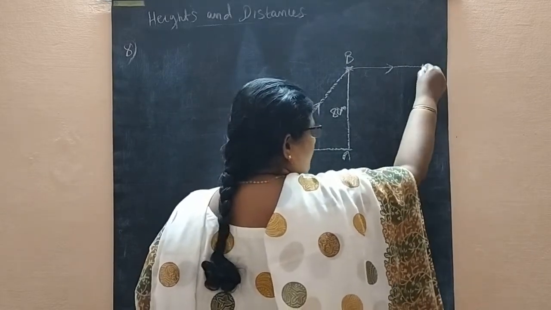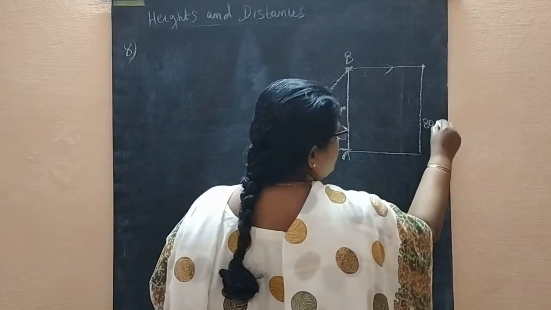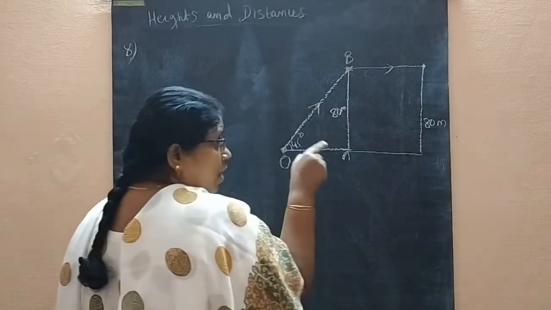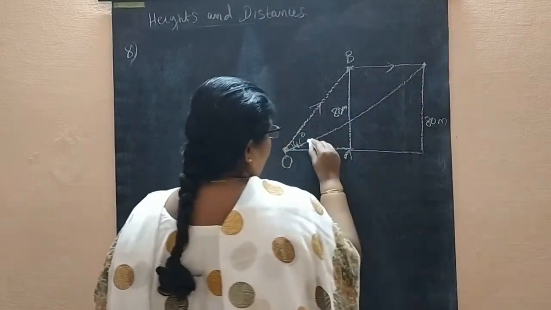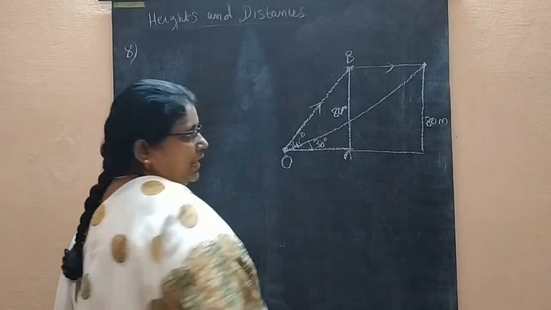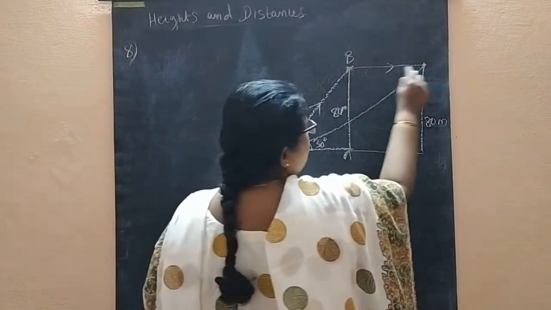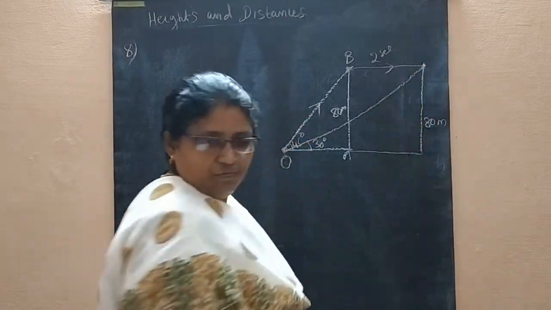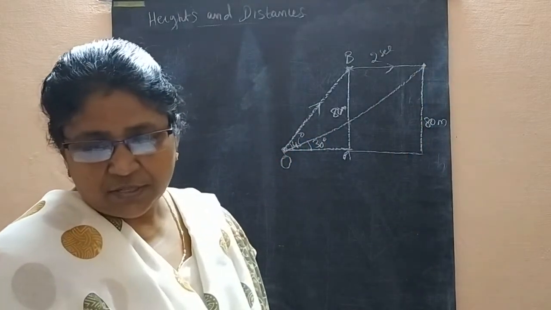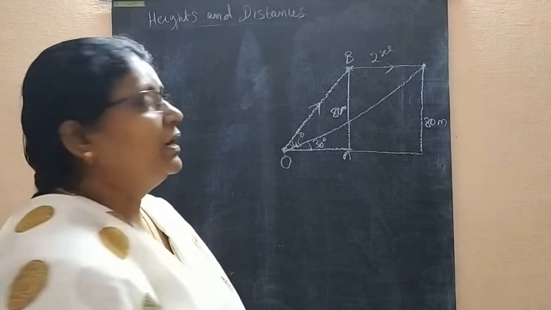Okay, same height. So, we can draw like this. It is also 80 meter. Now, the bird is observing at an elevation of 30 degree. And for flying this much distance, it took 2 seconds. Question is, find the speed of the bird.